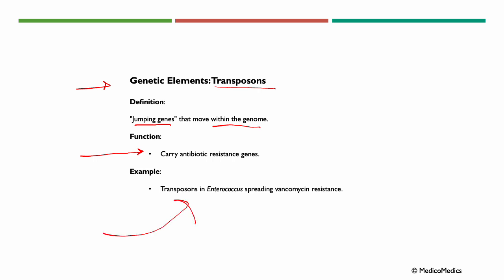An example of a transposon is in vancomycin-resistant enterococcus, also abbreviated VRE. Here, transposons have played a critical role in spreading vancomycin resistance among these species, making it more difficult to treat this infection.